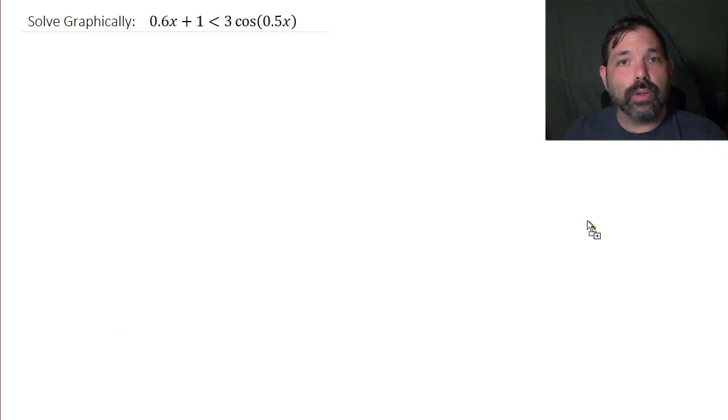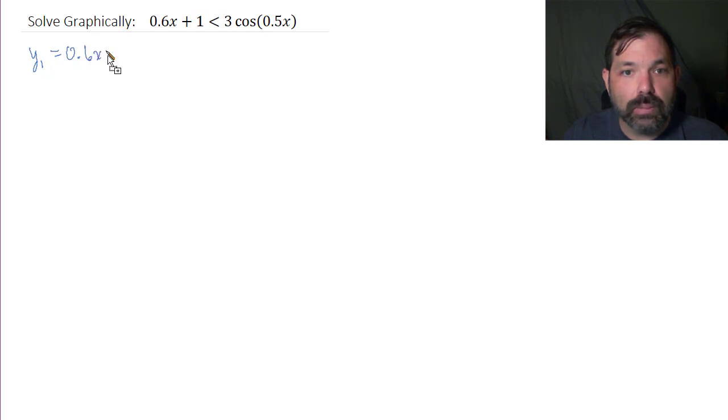All right, so here's another example of an inequality. 0.6x plus 1 is less than 3 cosine of 0.5x. This would be a good time to pause and try this one on your own. All right, so like before, I'm going to call the y1 0.6x plus 1.